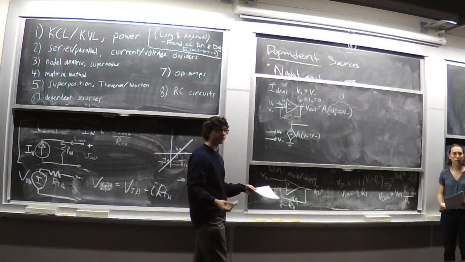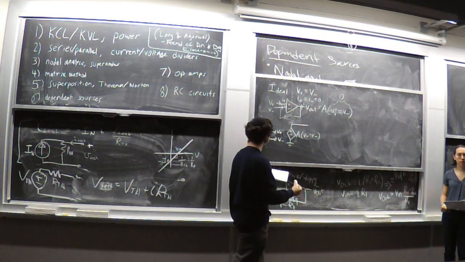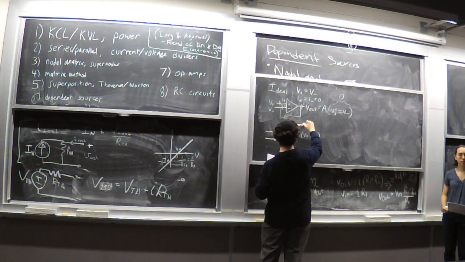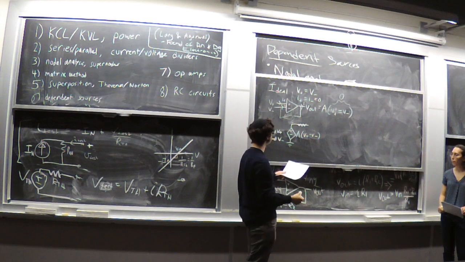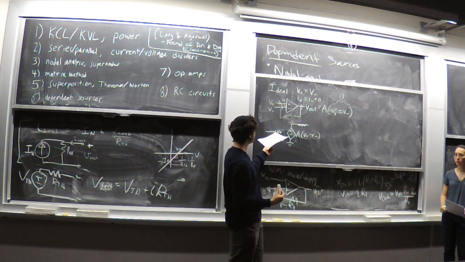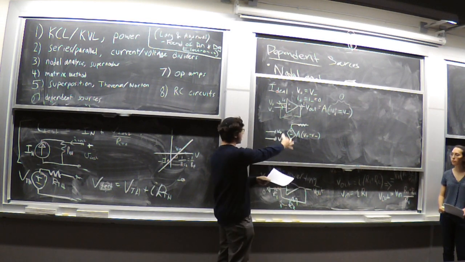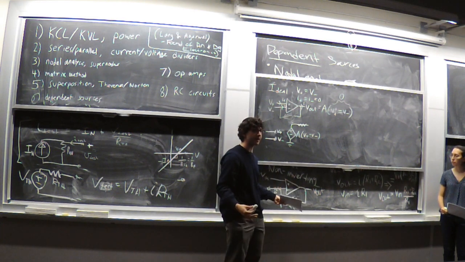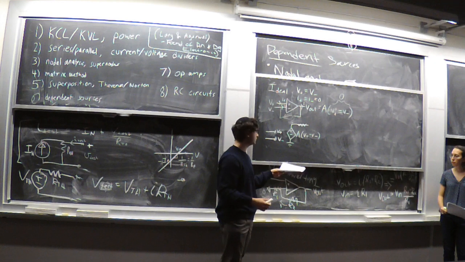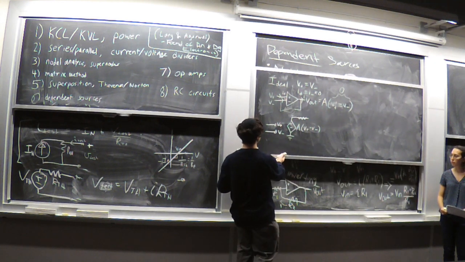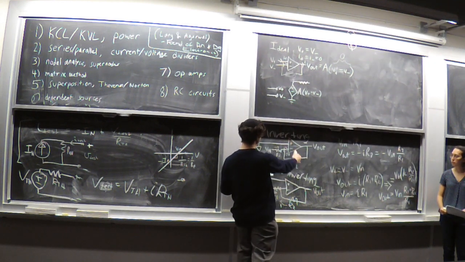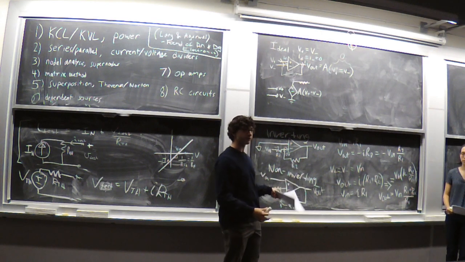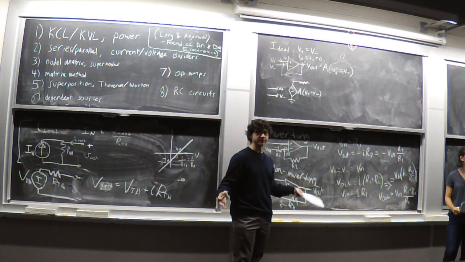Also, in a real-world op-amp that isn't perfect like this, it might have some resistance in here or something like that. And so we could ask you, if we're using this model of an op-amp, now solve one of these circuits. You would basically copy and paste this into where the op-amp is in your circuit and solve from there, and you could forget this is even an op-amp anymore.